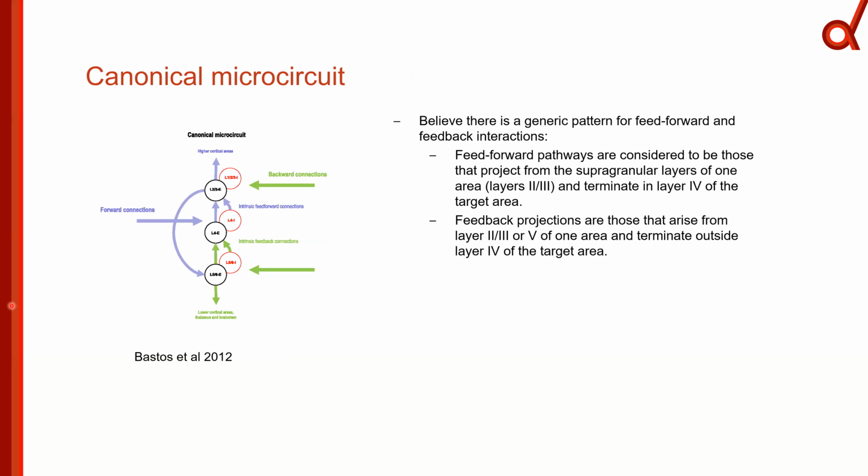So at the base of all of this is a canonical microcircuit. Essentially, at the sort of level we're working on a lot in laminar fMRI, we consider a 3-layer rather than a 6-layer isocortex, and we have feed-forward connections projecting upwards into layer 4, and we have feedback connections projecting outside of layer 4. And you can either find both of these, or in some examples only one.